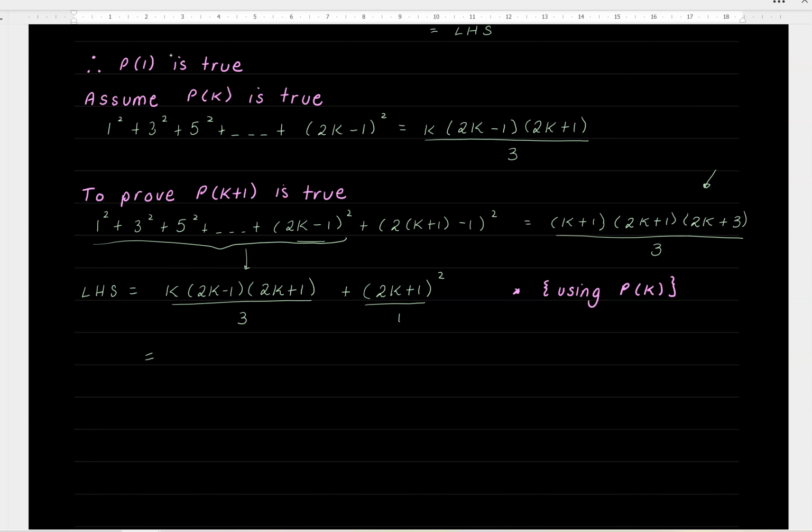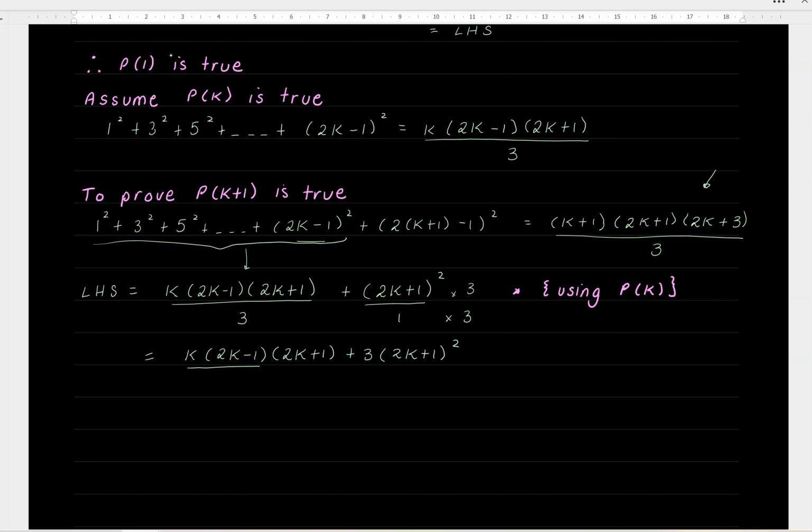So to do that, what do I have to do to make this denominator become 3? Well, I'm going to have to times by 3. What I do to the bottom, I have to do to the top. So this becomes K, 2K take 1, so we're not changing anything for that fraction part. But now we've got 3 lots of, we have to times this by 3.